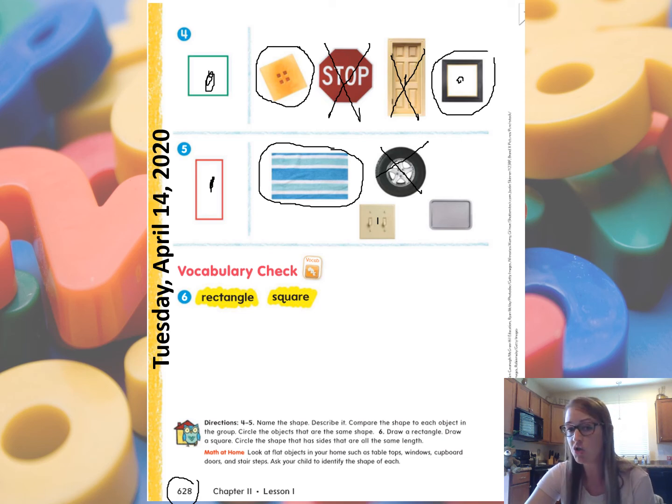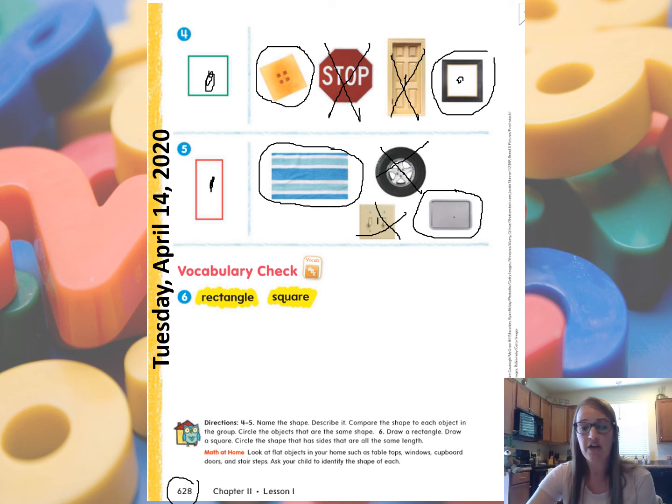Does it have 2 short sides and 2 long sides? No, it does not. That's the shape of a square. How about the pan? Is it the shape of a rectangle? Yes, it is. 2 short, 2 long. Let's circle it.